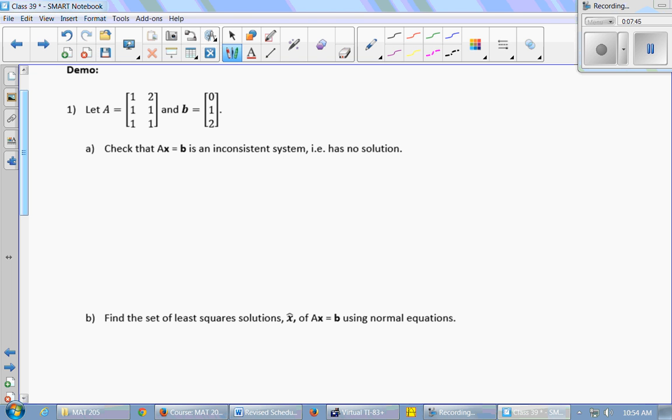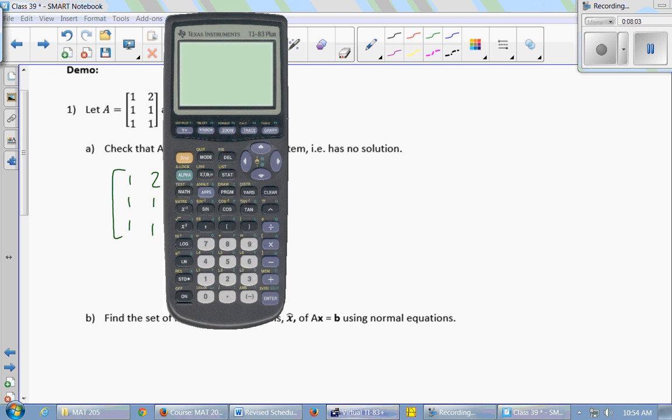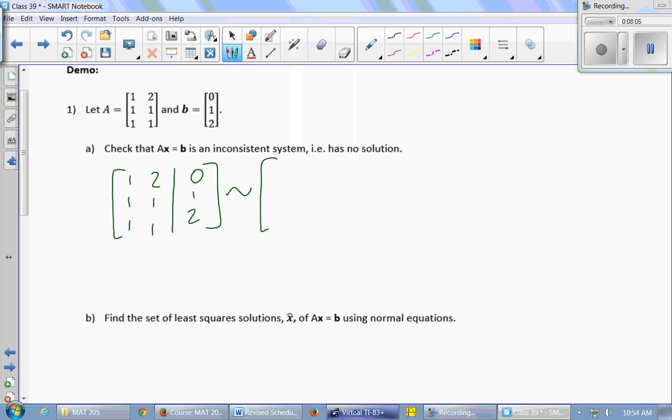Make an augmented matrix, A augmented with B. We're going to do what you said in a second. 1, 1, 1, 2, 1, 1, augmented with 0, 1, 2. Row reduce. I had all this written down and I forgot to bring it with me. You got it? Okay. That is inconsistent.